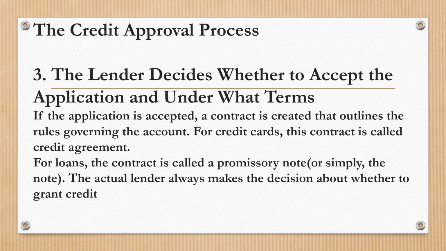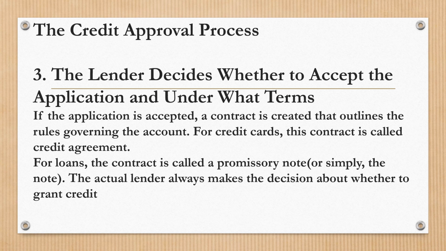So on the basis of the findings of the credit investigation, the lender will decide whether to accept or to approve or to reject your application. So if you are lucky enough to be accepted for approval of a credit card or approval of certain loans, there will be a contract between the lender and the borrower.